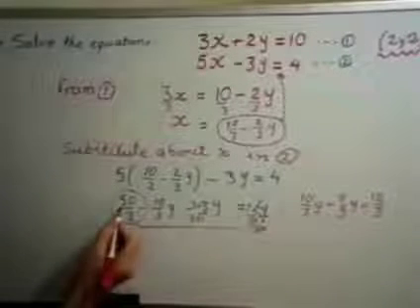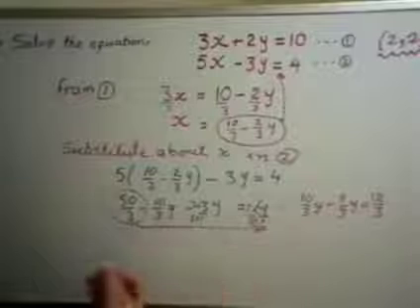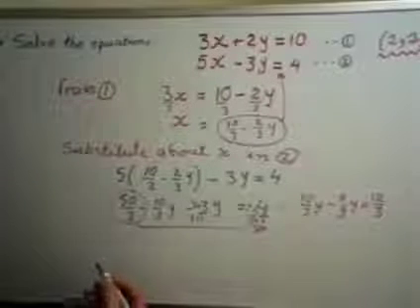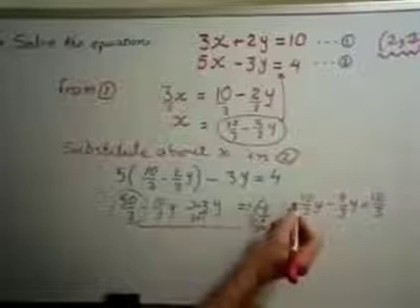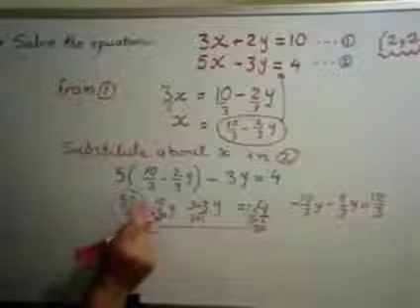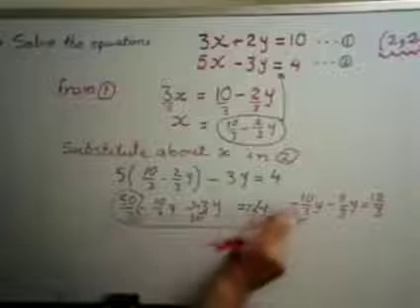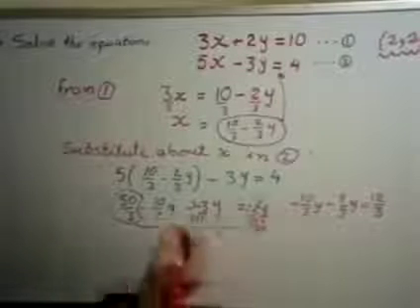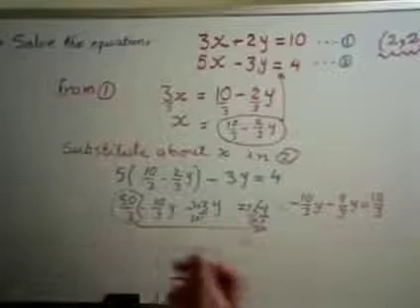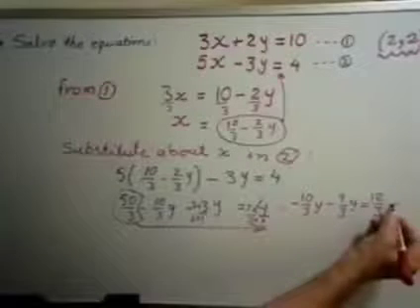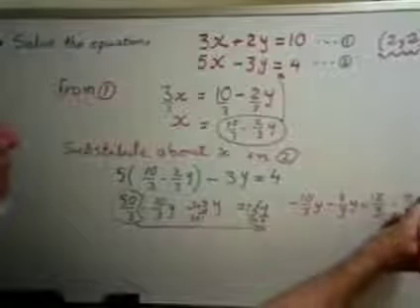And this will be moved to the other side. Here is negative, see? Negative 10 over 3. We move this to the other side, it will be negative 50 over 3.